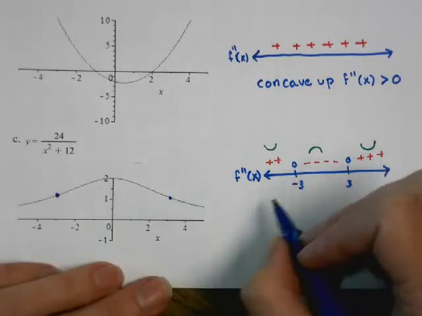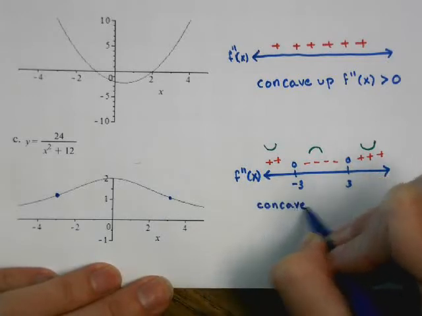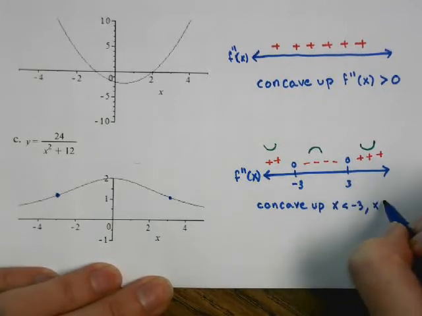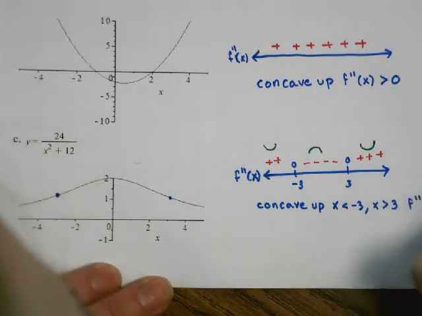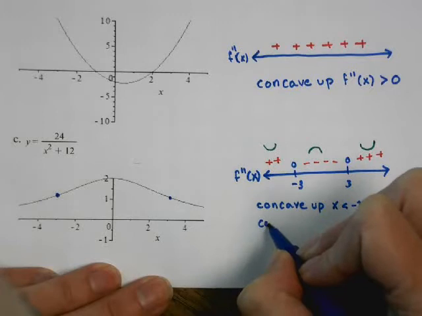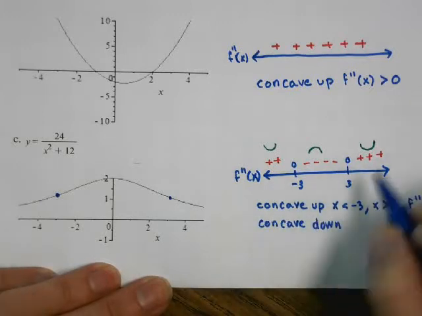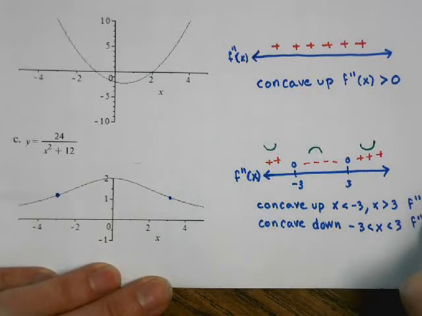We can tell that this graph is concave up when x is less than -3, when x is greater than 3, because f double prime of x is greater than 0. This graph is concave down between -3 and 3, because f double prime of x is less than 0.